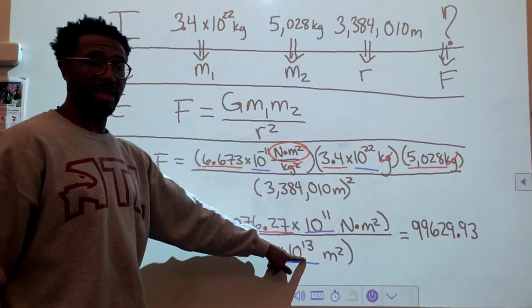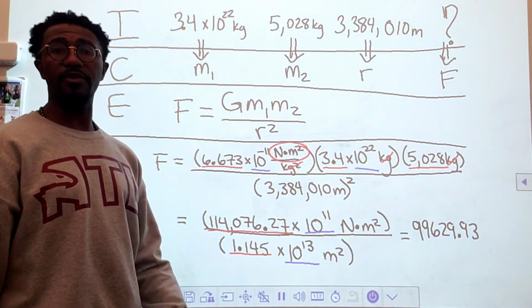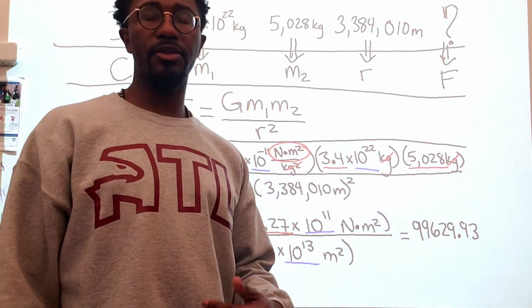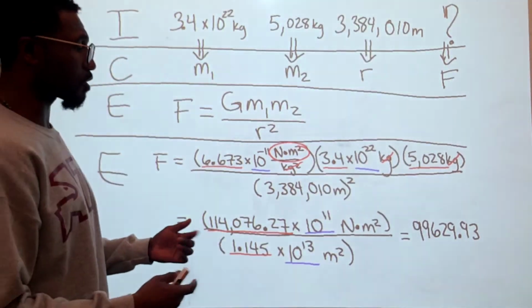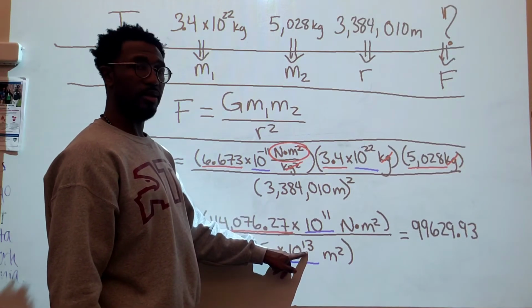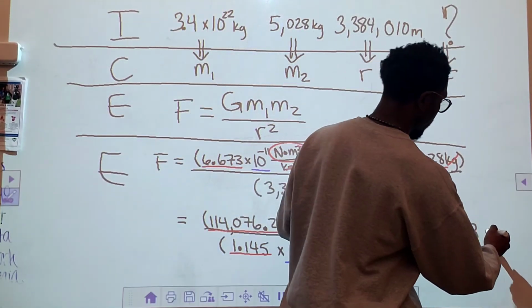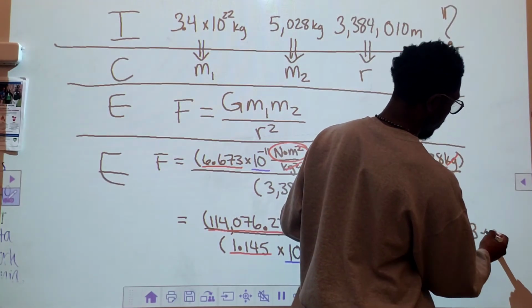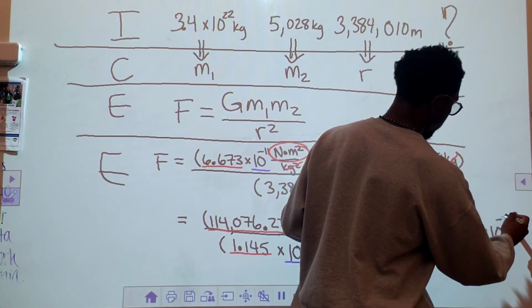Since we are dividing here, we're going to subtract our exponents. So again, if you multiply, you add exponents. If you're dividing, you subtract exponents. So I'm going to do 11 minus 13. That's going to give me negative 2. So I'm going to multiply this number by 10 to the negative second power.